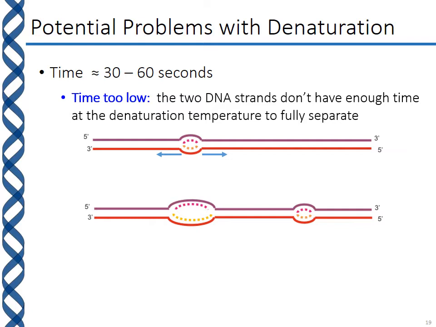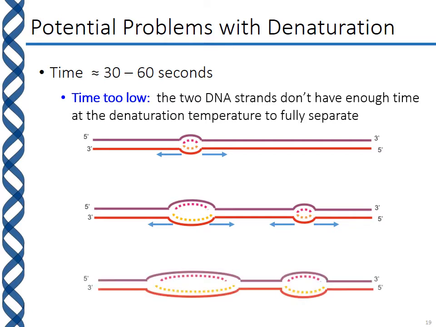Simultaneously, you can have another bubble form in another, slightly lower AT-rich region, which is why it's forming later. And those will continue to extend until they get larger and eventually meet and continue out towards the ends of the molecule until the two DNA strands have completely separated.